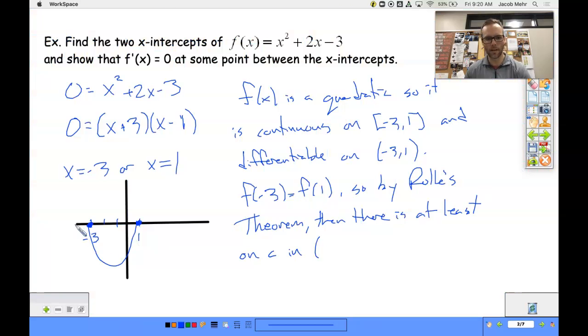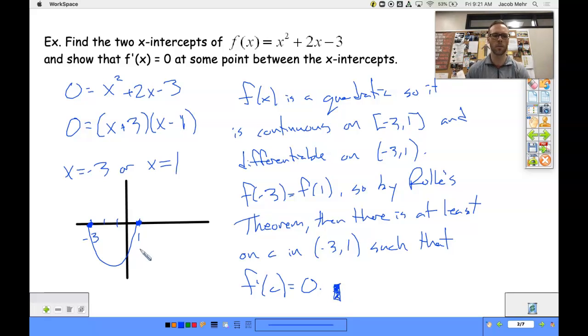AB, so that's -3, 1, such that f prime of c equals 0. Okay, so we prove there has to be a point in between where the derivative is equal to 0.